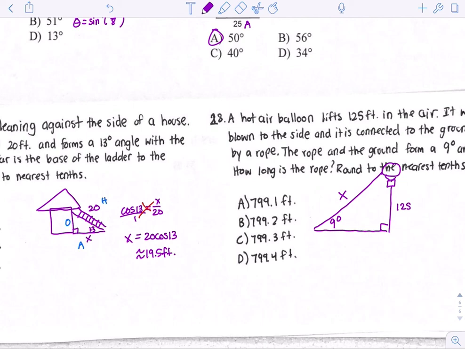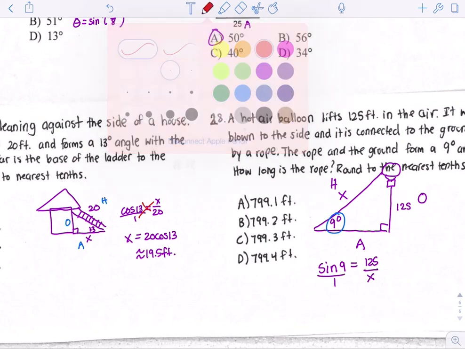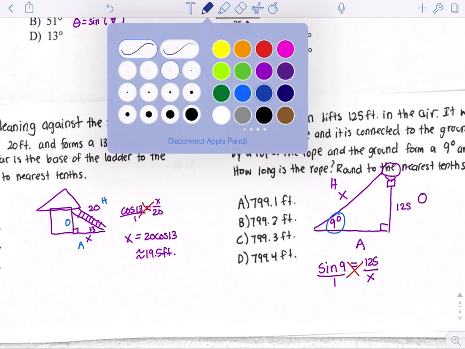So we're in the perspective of this angle, and this is opposite, this is adjacent, this is hypotenuse. The one that uses opposite and hypotenuse is sine. So sine of 9 degrees is equal to opposite, which is 125 over x. Cross multiply.